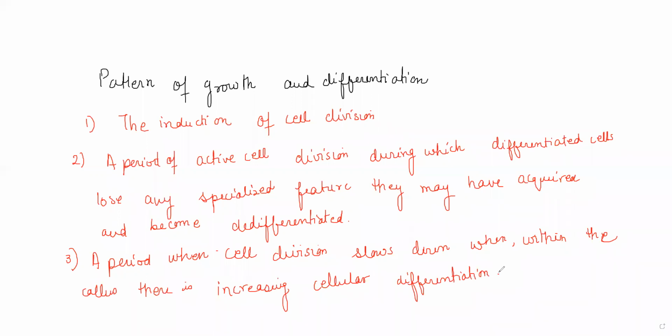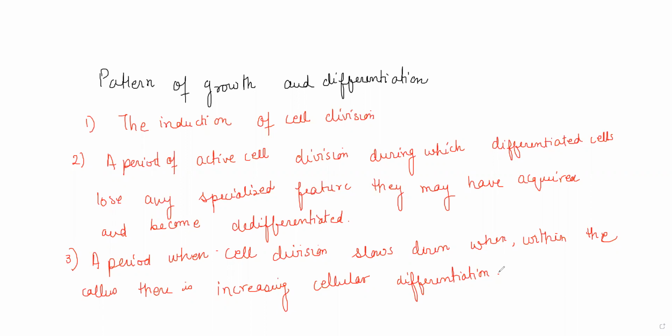So in many callus tissues, the relative levels of auxins and cytokinins control the shoot and root formation, right? An undifferentiated callus can be regenerated into a whole plant by simply altering the concentration of the growth regulators, right? कैसे होगा?